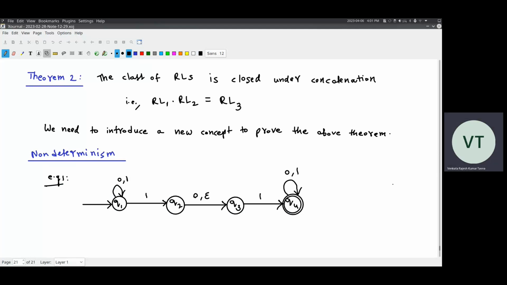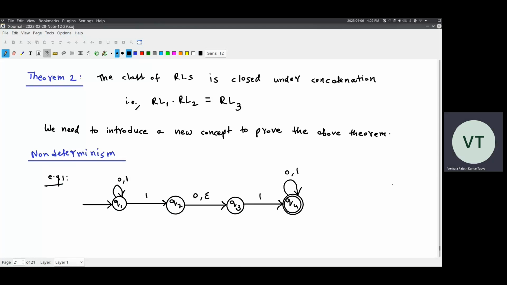For a particular symbol, for a particular state, some state is the output. But here, what is the output for a given state and a given symbol? Exactly. It is some set of states. It is not just one state.